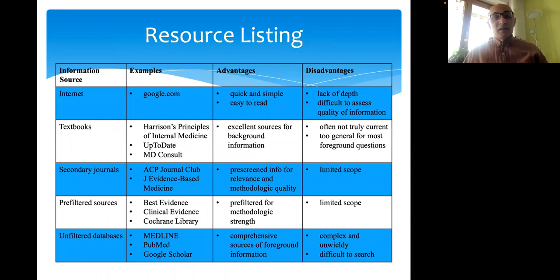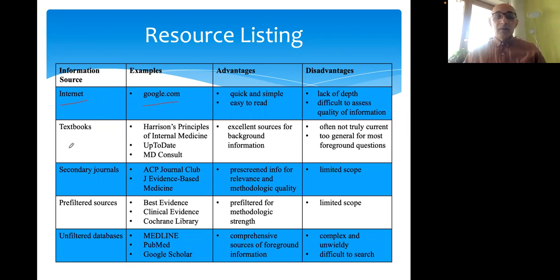Here are some resources listed with advantages and disadvantages, so that you may go and look at them. Most commonly, also myself, we currently use the internet as a resource, like Google, or I will show later some other resources, because most of the published content is now transferred to the internet.